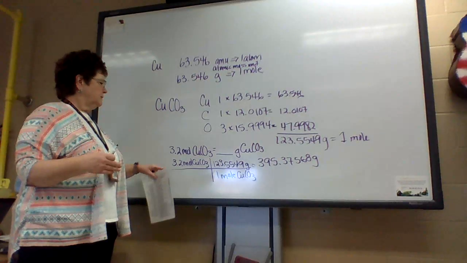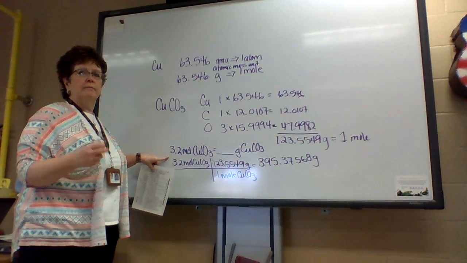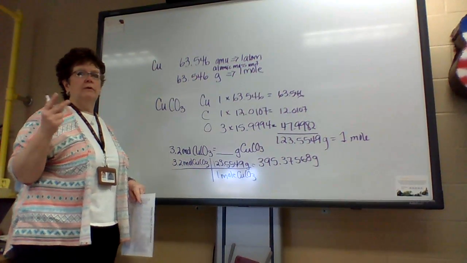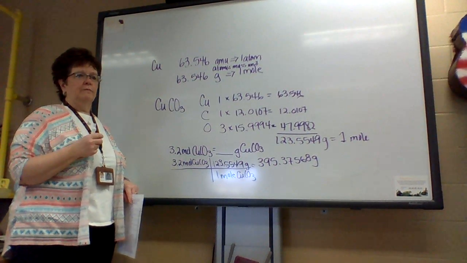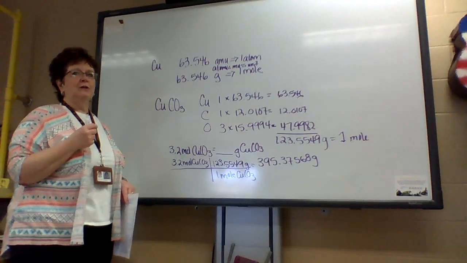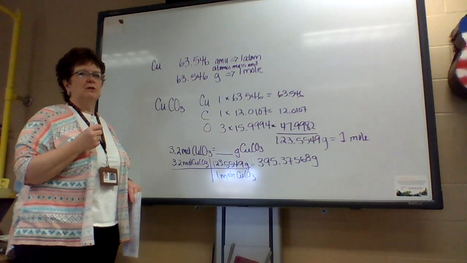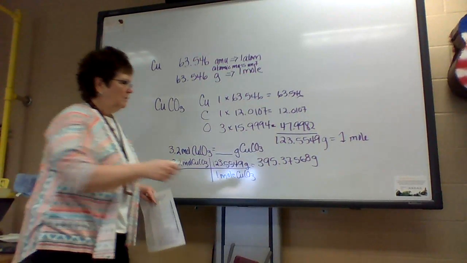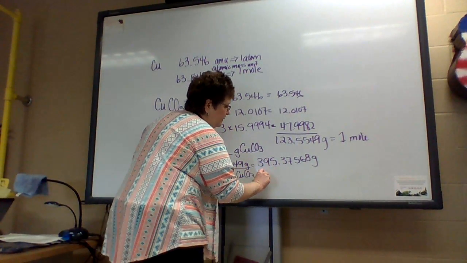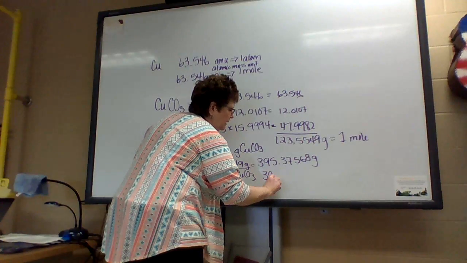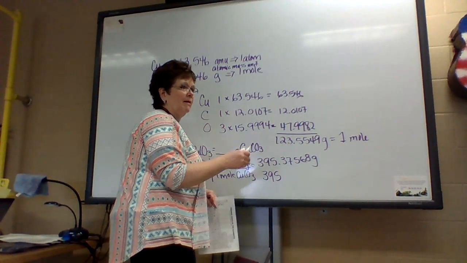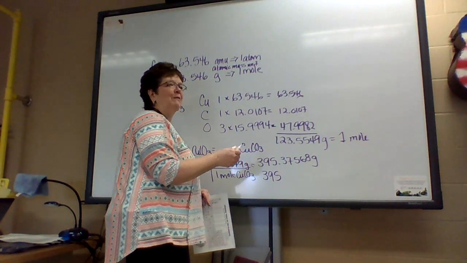However, because I started with how many significant digits? 2. My answer can only have 2. So what's my answer going to be with only 2 significant digits? Many of you would say, well, for 3 significant digits, it would be 395, correct? Now what's going to happen?